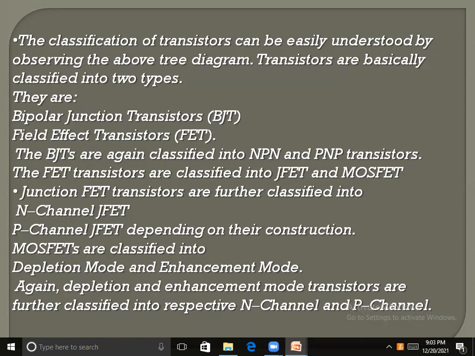Junction field effect transistors are further classified into N channel junction field effect transistor and P channel junction field effect transistor, depending on their construction. MOSFETs are classified into depletion mode and enhancement mode. Again, depletion and enhancement mode transistors are further classified into respective N channel and P channel.